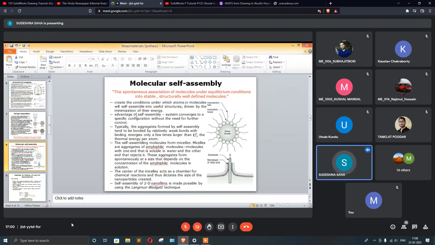Okay, that is basically the formation of more structure, larger molecules or larger crystalline structures. And that is basically an example of molecular self-assembly.